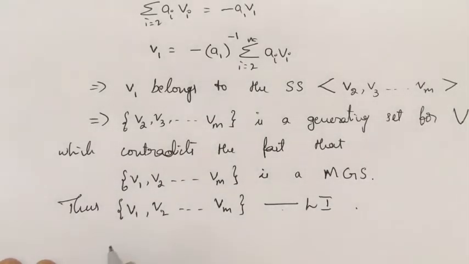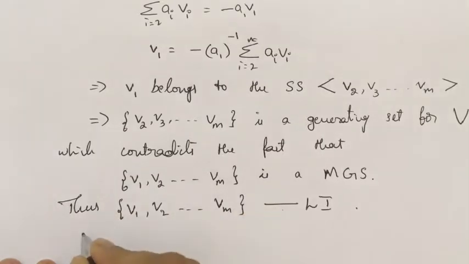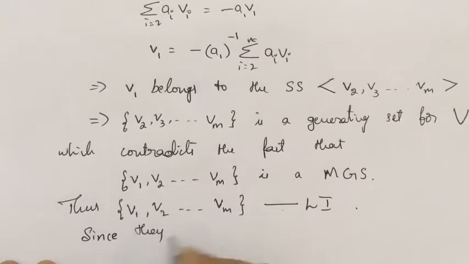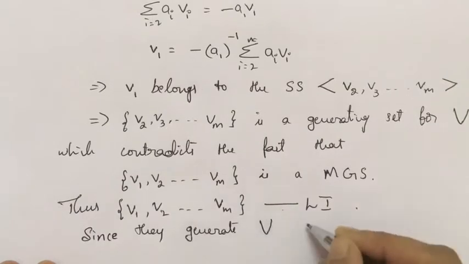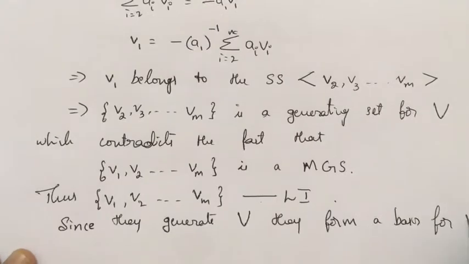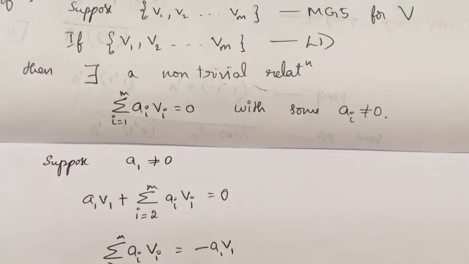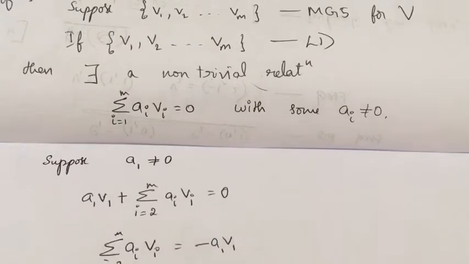Okay, since they generate the vector space V, they form a basis for V. Okay, the first part is over now. I have taken the minimal generating set and I have proved they form a basis.